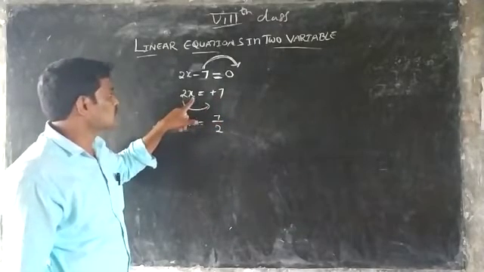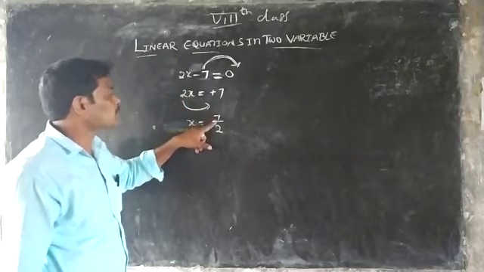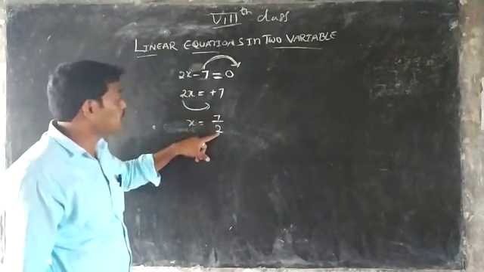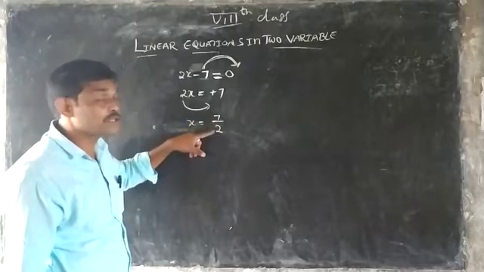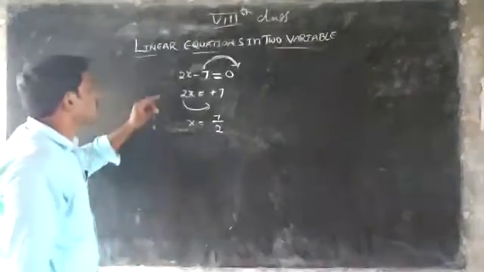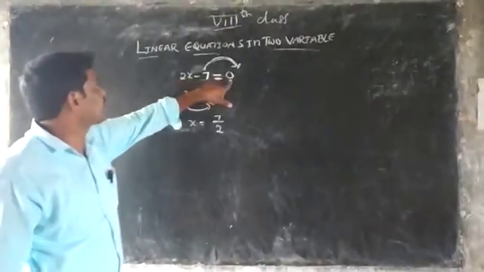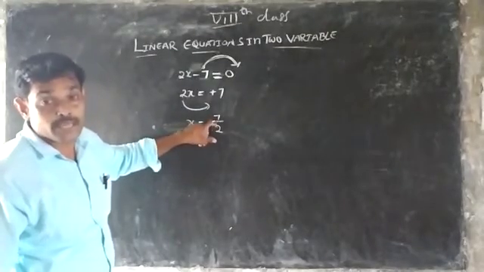So for 2 into x, we can write x is equal to 7 by 2, because this 2 transposed to the RHS side goes to the denominator. Therefore x is equal to 7 by 2. This 2x minus 7 is a linear equation, and we can write x is equal to 7 by 2.